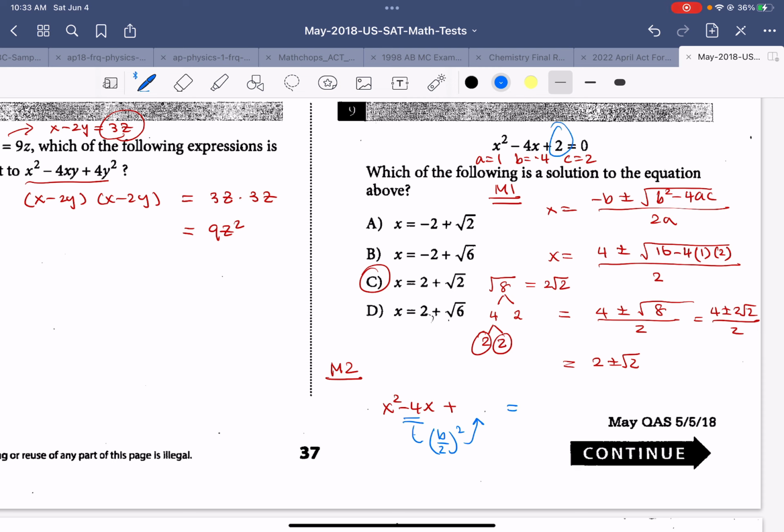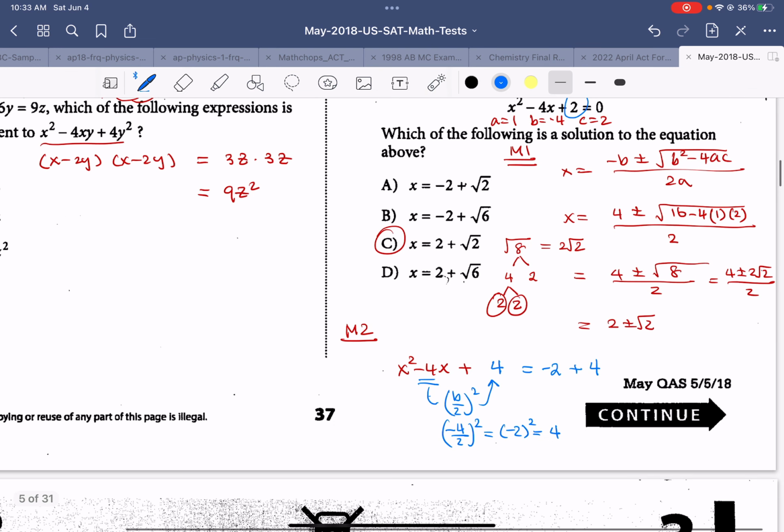Negative 2 was originally on the left-hand side, but now when you move it to the right-hand side, it'll be negative 2. Now, b over 2 squared, so b is negative 4 over 2 squared, which is negative 2 squared, 4. So you add 4 to the left-hand side, and then you have to add the same amount on the other side. Don't forget. So when you add the 4 to the other side, it's like that.